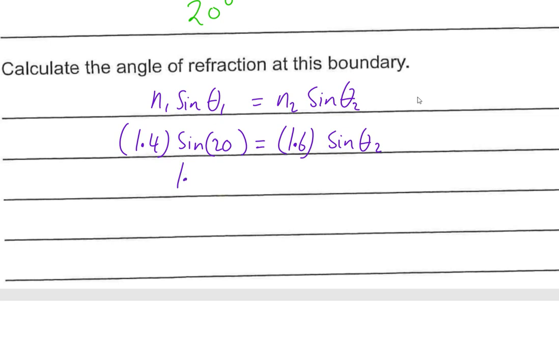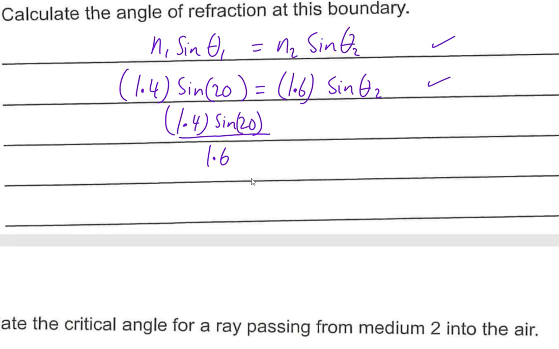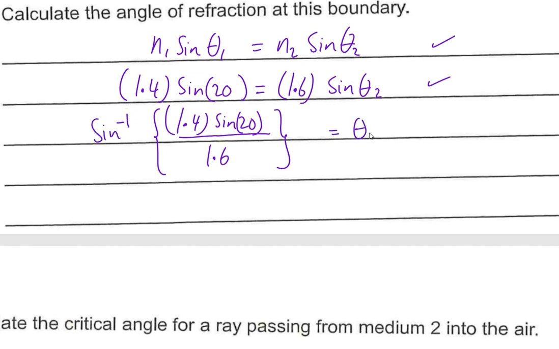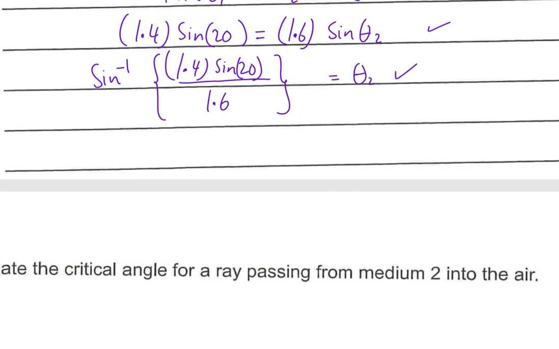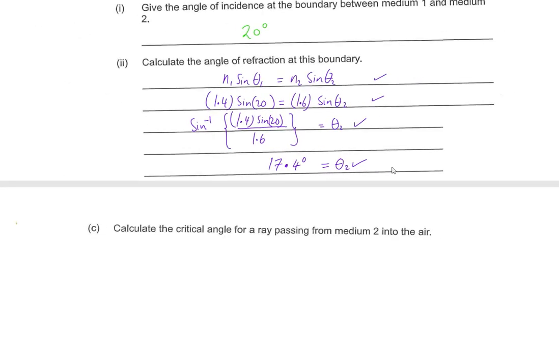So you can see equation, substitution, and then you rearrange the equation. Sine inverse theta 2, and then finally your answer with the units. So this will give me 17.4 degrees, or 17 point something degrees, and this will give you your marks there. All good, excellent. All right, let's move on now.